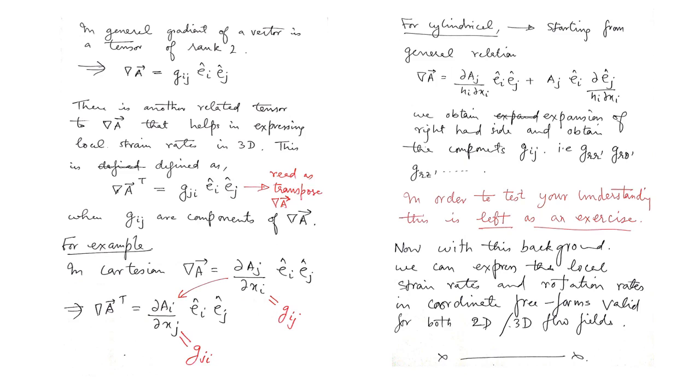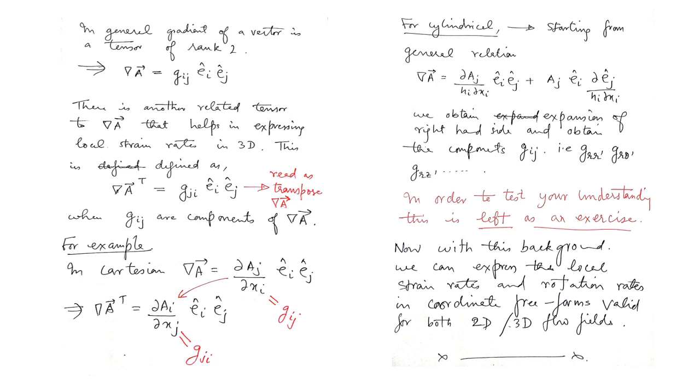So this is a very general way of representing this tensor, gradient of a vector, as gij ei cap ej cap, and obviously summation over repeating indices has to be kept in mind.